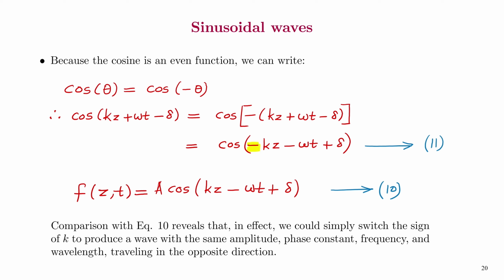Therefore, we could simply switch the sign of k to produce a wave with the same amplitude, phase constant, frequency and wavelength, traveling in the opposite direction. In the discussions that are coming in the following sections, we shall reverse the direction of k to represent a wave that is propagating in the negative z direction.